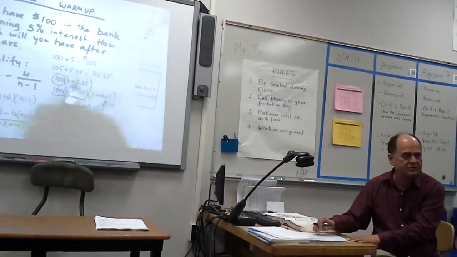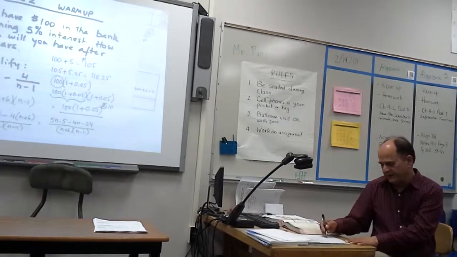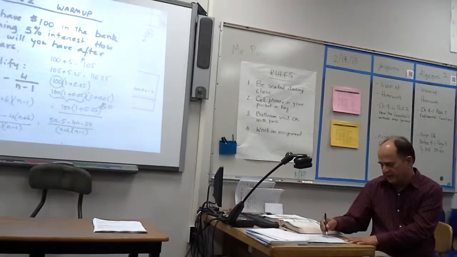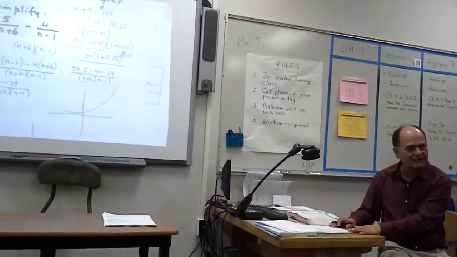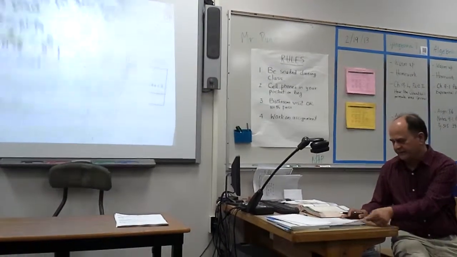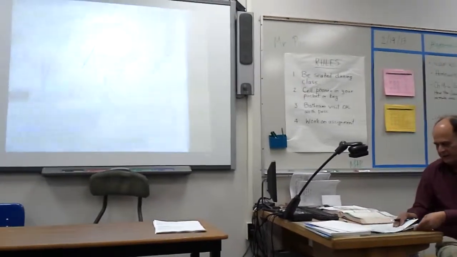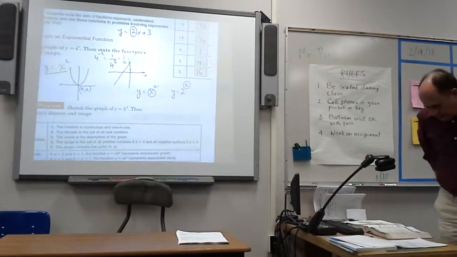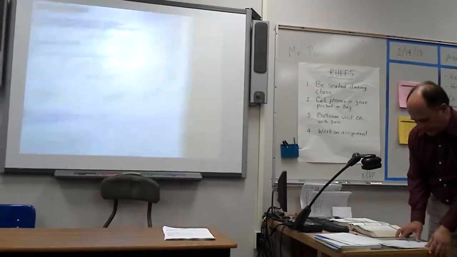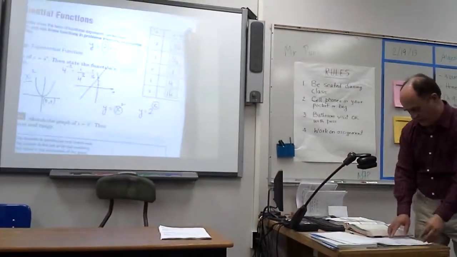If you had to plot this curve over time, you'll find that it would have a curve like this, an exponential function. Okay? Now there are a few characteristics in your notes. If you look at your notes, there are a few properties of exponential functions which you need to be aware of.